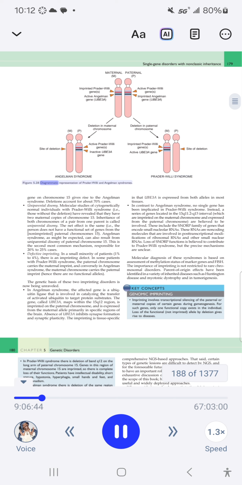Figure 5.28, diagrammatic representation of Prader-Willi and Angelman syndromes: in the maternal and paternal chromosomes, the Prader-Willi genes and the UBE3A gene are active or imprinted depending on parental origin, and the site of deletion differs in each syndrome. Deletion of the gene on chromosome 15 gives rise to Angelman syndrome. Deletions account for about 70% of cases.